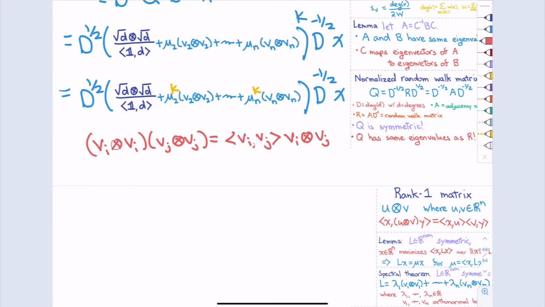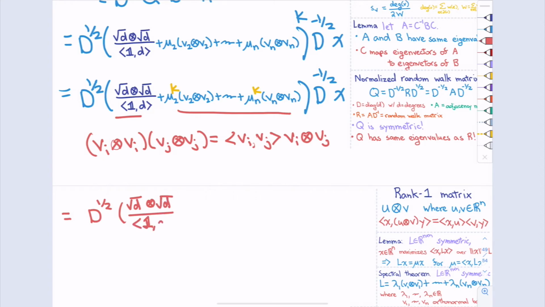Now what I want to do is break this off from the rest. I'll do it slowly. I have one term that looks like d to the 1/2 square root d outer product square root d, and I have another term that looks like all of these.